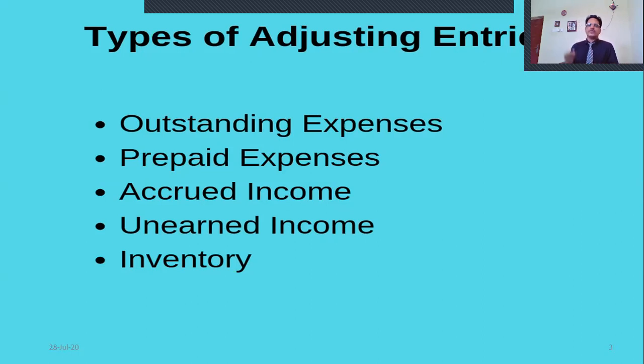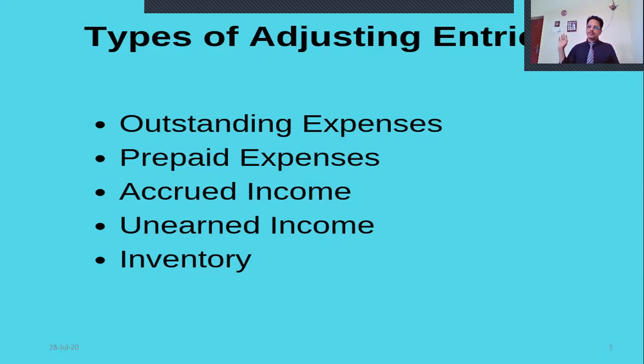So out of the two entries, the first is when you are making payment: debit prepaid expense, credit cash. For example, you are paying rent for the full year. One month may be 500 riyal rent. So 500 into 12 is 6,000 riyal, full rent you paid.